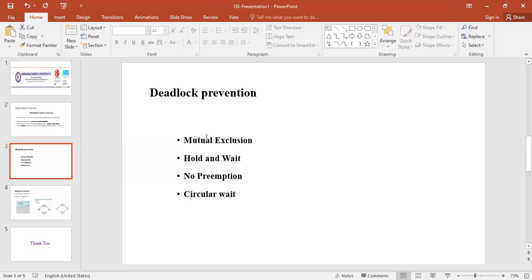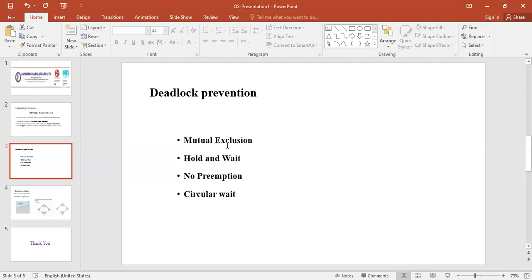First, mutual exclusion: the condition must hold for non-shareable resources. For example, a printer cannot be simultaneously shared by several processes.